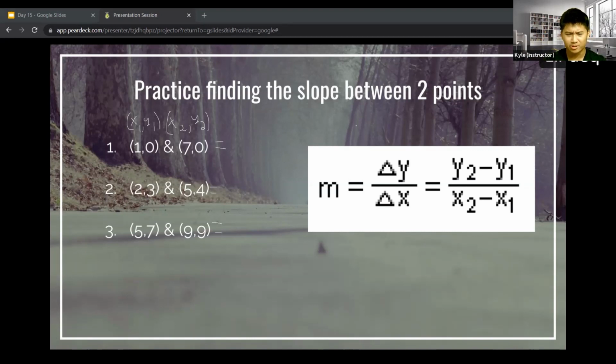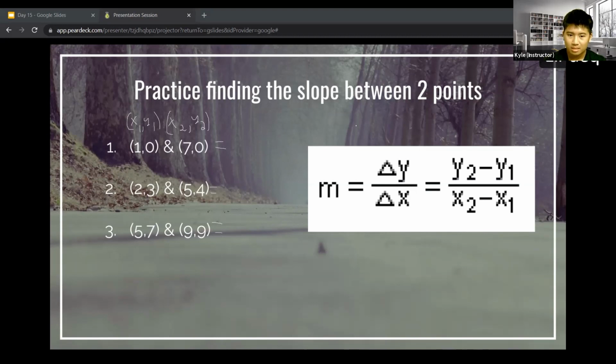Okay, Bowen says 0. Anyone else? Okay, Ian also says 0.